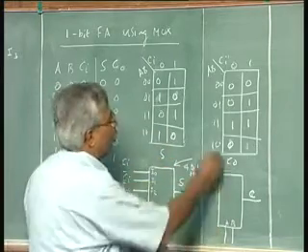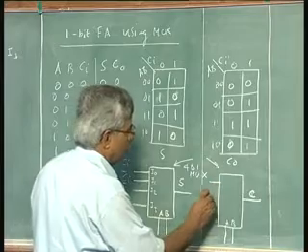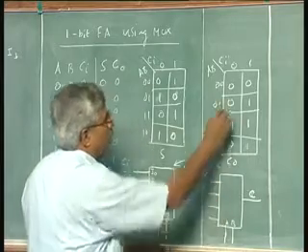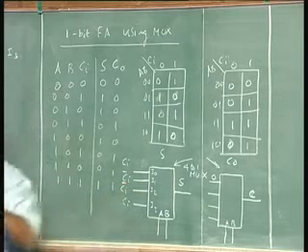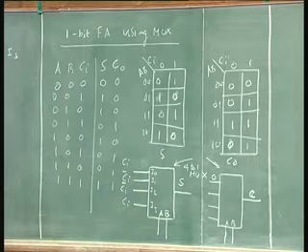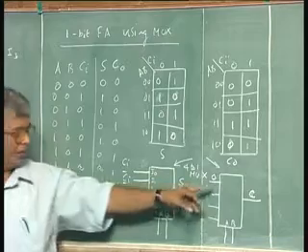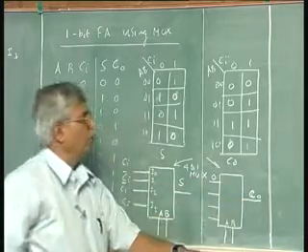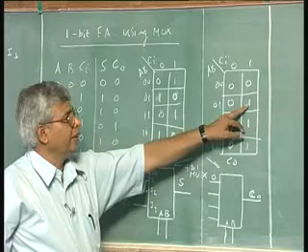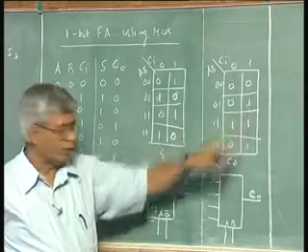Now when AB is 0, 0, output is 0. There is no carry, irrespective of whether Ci is 0 or Ci is 1. So I put a 0 here. Carry is always 0 if AB is 0, 0. If AB is 0, 1, carry will be 1 if Ci is 1. So I put Ci here.